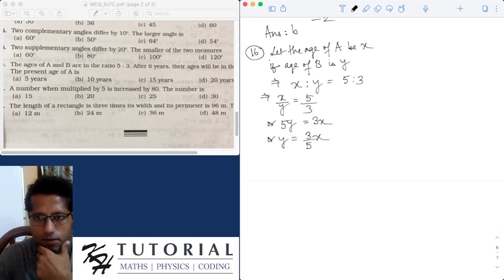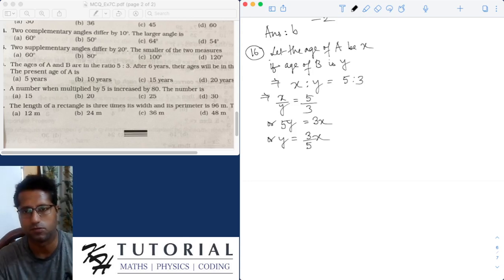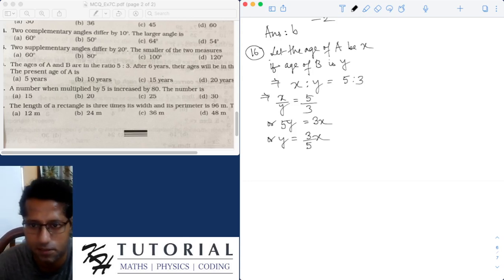So we have considered the age of A to be x, and we have found that the age of B is 3/5 x.